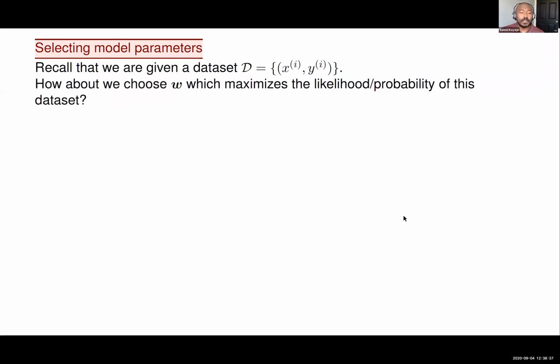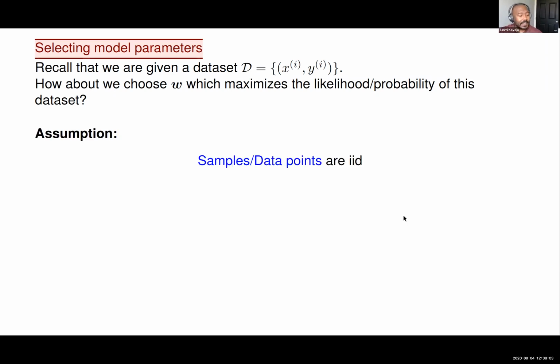So how do we choose parameters? If I give you a probabilistic model, the standard way to fit a probabilistic model is to use maximum likelihood. So find parameters that maximize the probability of the observed data, in this case, the observed data set. So we're going to apply maximum likelihood like we did for the regression case. We're going to do the exact same thing now for the logistic regression case.